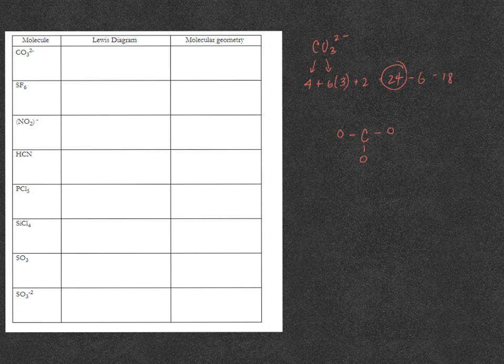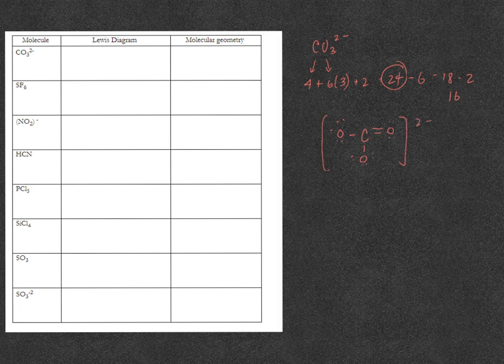Now, I was 2 electrons short. For every 2 electrons you're short, you need an additional line. So I need to put a double bond in there. So now I've used up 2 more electrons. I have 16 electrons as lone pairs. 2, 4, 6, 8, 10, 12, 14, 16.